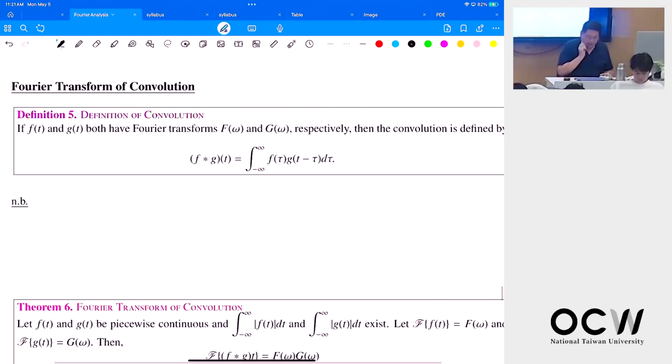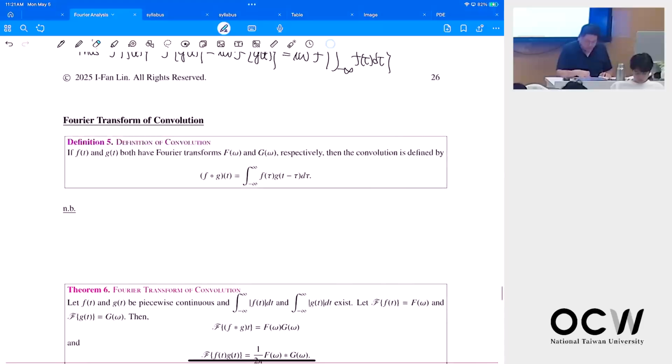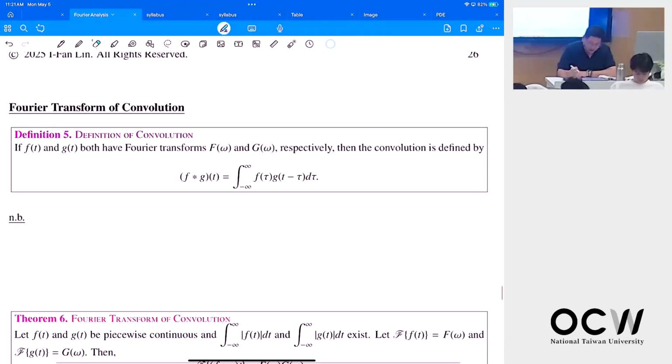Next one is the convolution. What is convolution? I think we learned that a little bit last semester when we talked about the Laplace transform, right? But here, let's just review what the convolution is. The definition of the convolution: I have a function and the other function, I flip and shift.